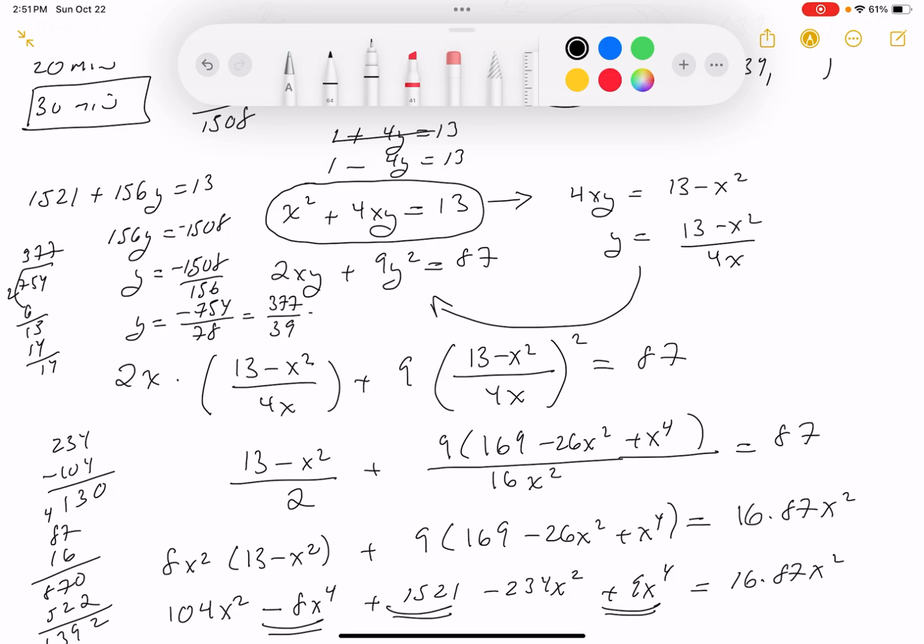377. I think I might have made a mistake somewhere. Let's try this though. Let's try divide by 13.